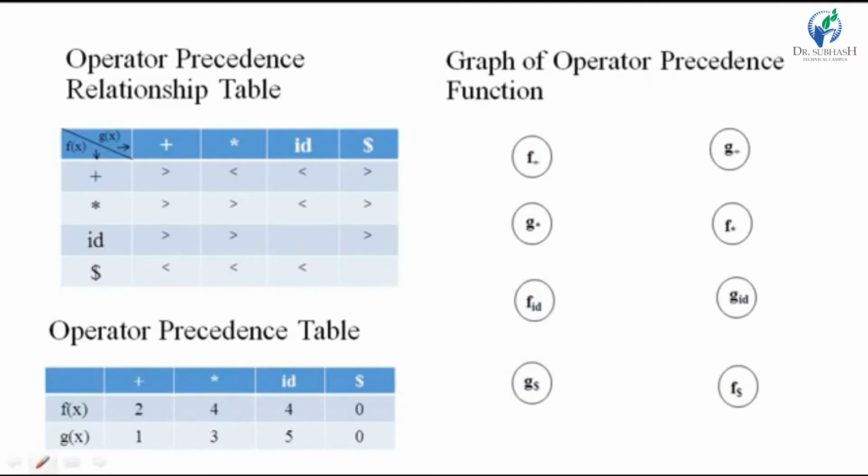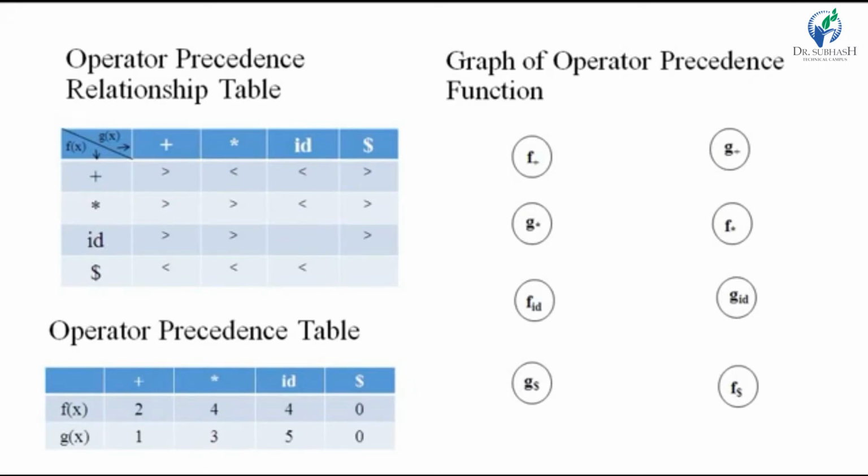So now check for precedence, like f of x and g of x. So f of plus and g of plus. If you have a function, and in that function there are many plus signs, addition operators, then what is the relation between this plus?